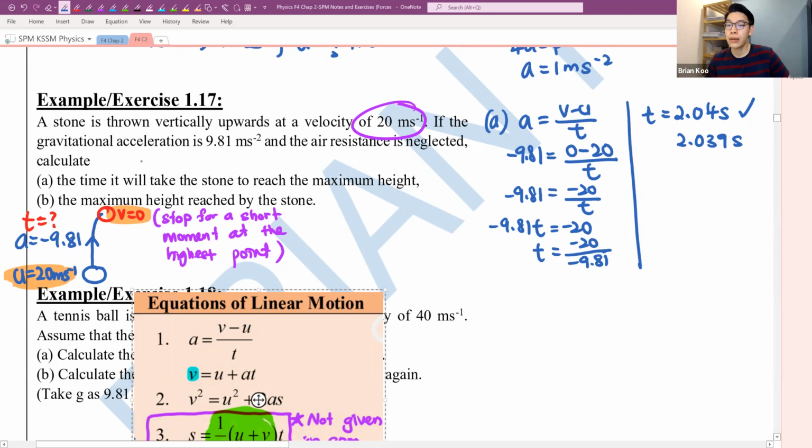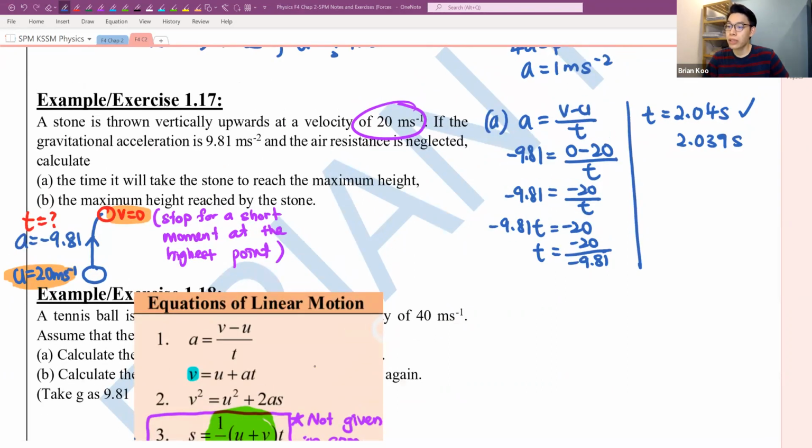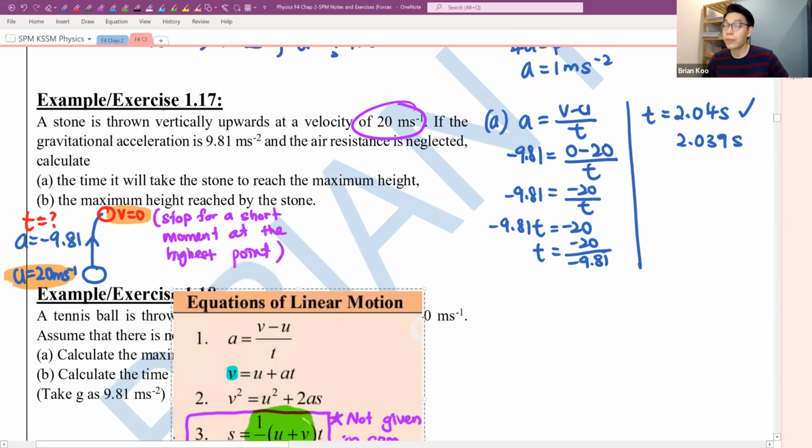Okay, part B, find the maximum height reached by the stone. Ethan wants me to try if I use V equals U plus AT. Also can.